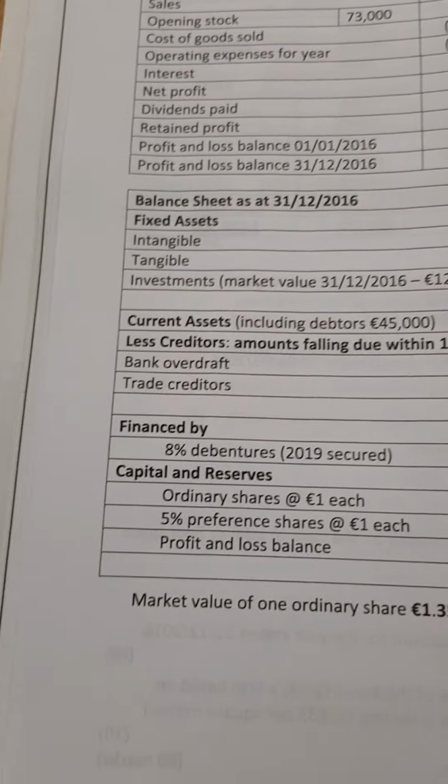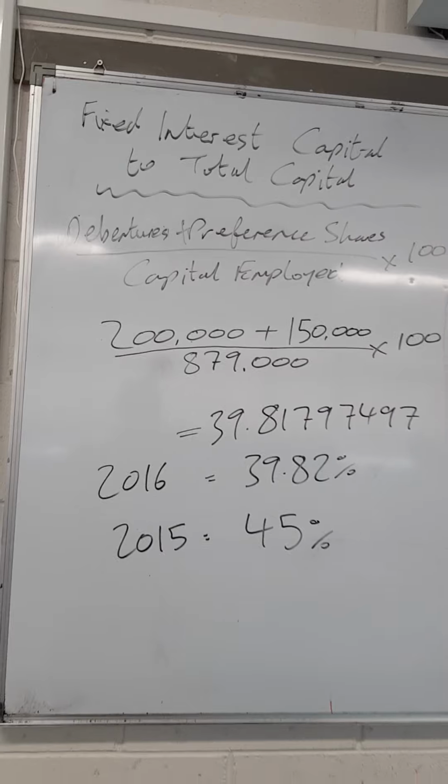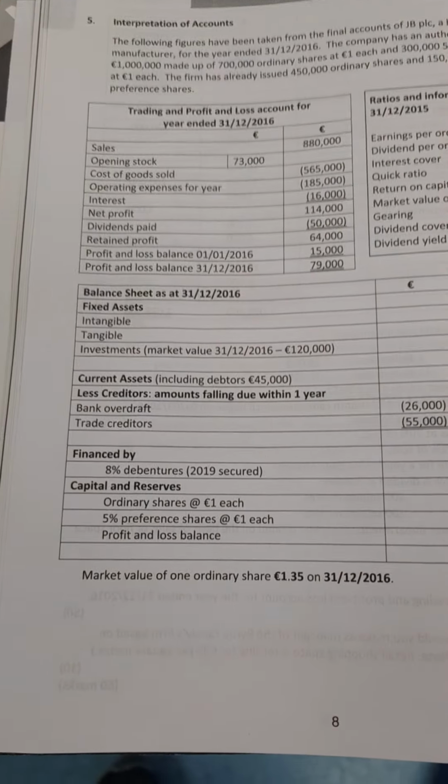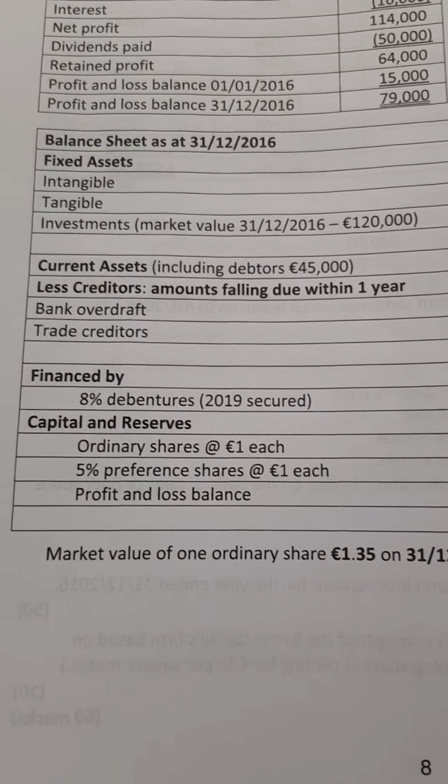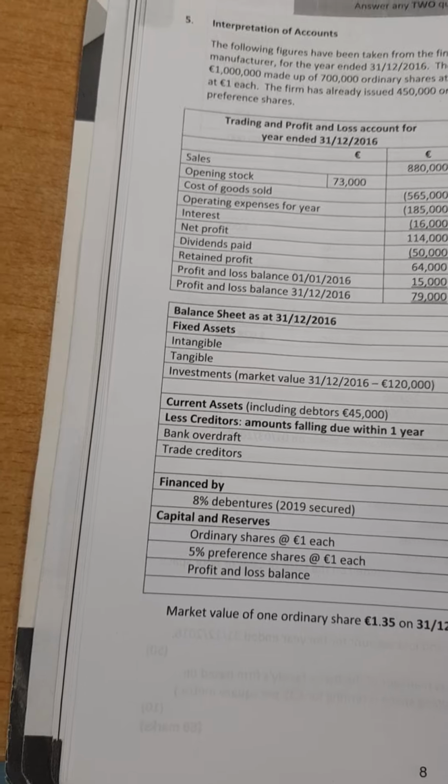You can see it there in your balance sheet. 8% debentures, 200,000 euro. Then you have to add your preference shares, and it's your preference shares issued. So no need to work out interest or anything like that. You can see them there. 5% preference shares at €1 each, 150,000. So that's all you need there.